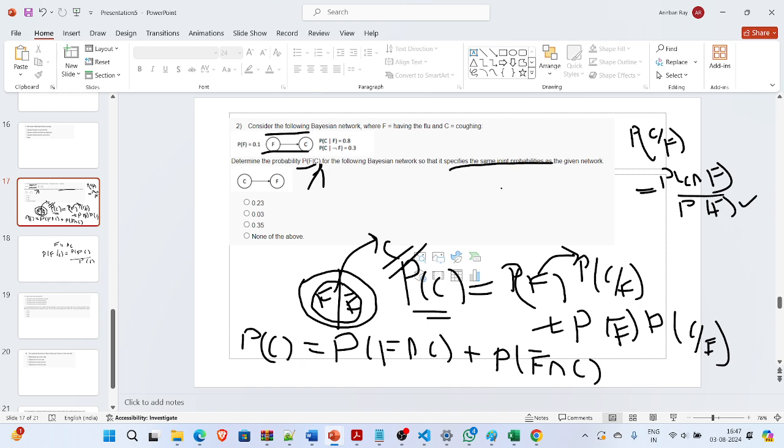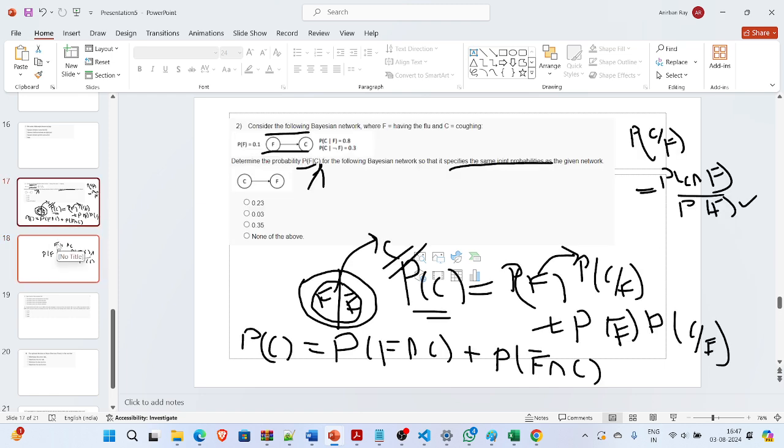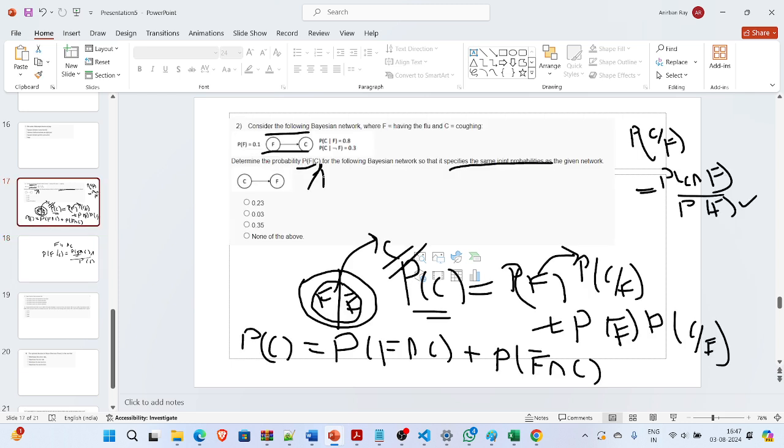So this is a joint probability. You understand what joint probability is? Just the occurrence of both events, joint occurrence. So we need to find this one, and it remains the same, so we can get this from this one.